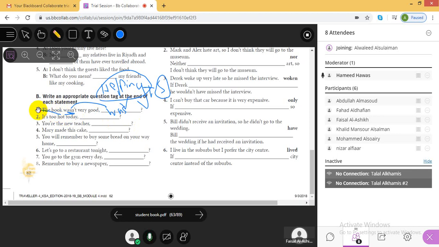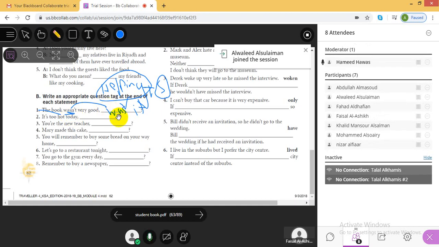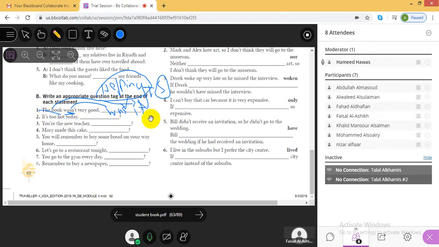How can I form a pronoun for the book? Was it. Why do I say it here? Because the book is not a person, I must use it. So I make wasn't into was, then for the book I use the pronoun it.